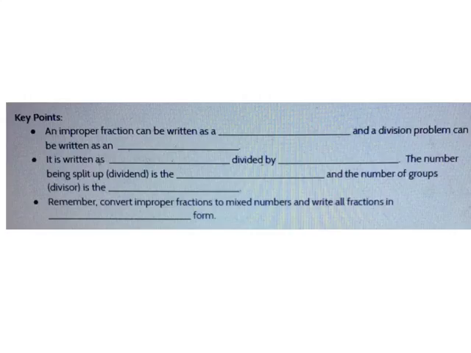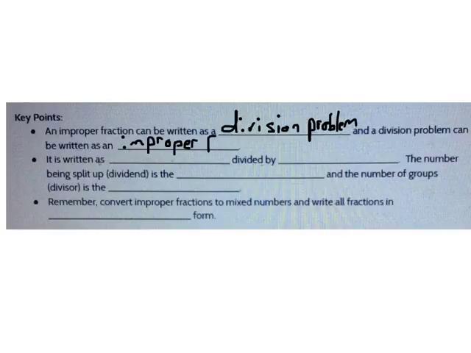Now let's take some notes. An improper fraction can be written as a division problem. And a division problem can be written as an improper fraction. Just like yesterday, it is written as numerator divided by denominator.